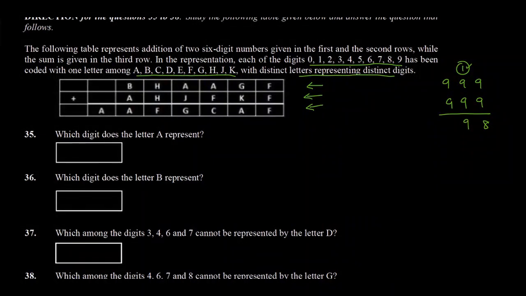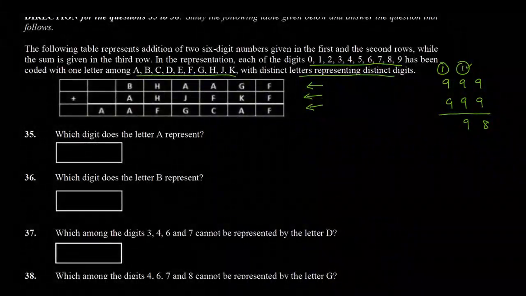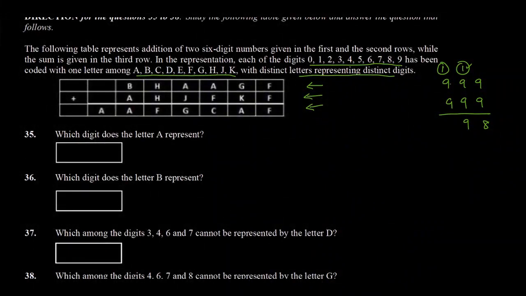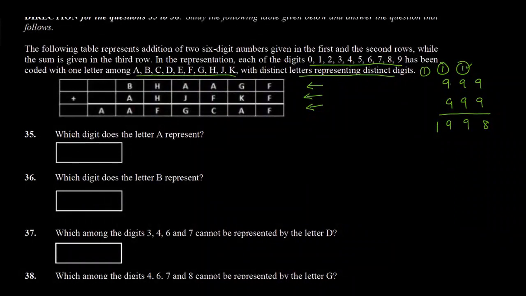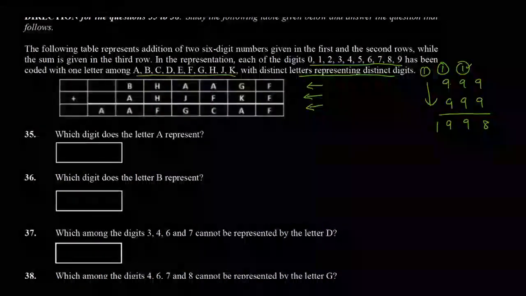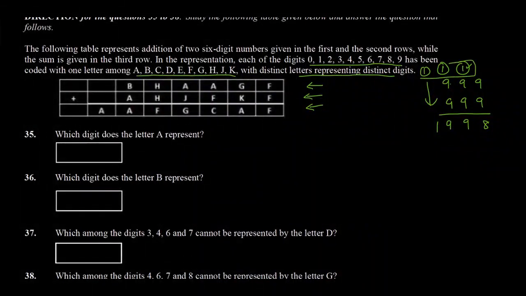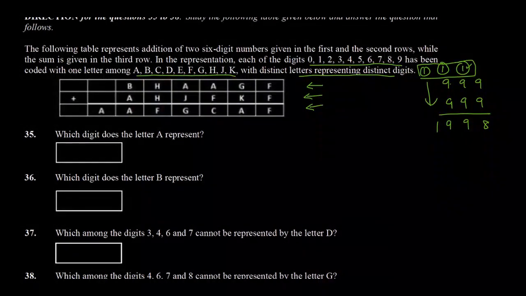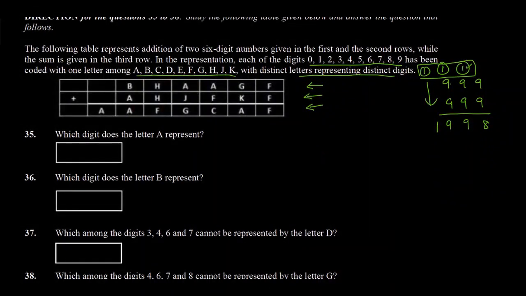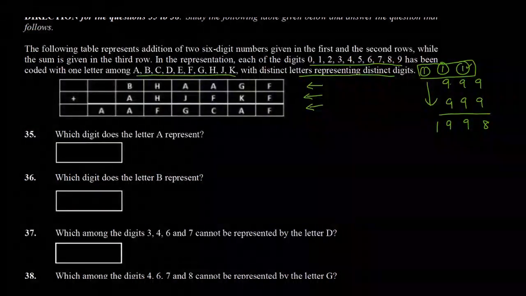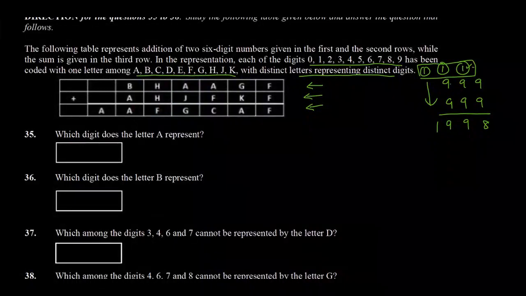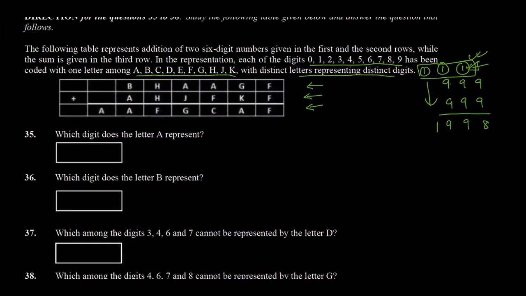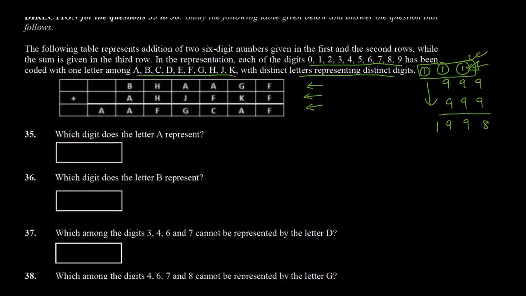We get a 9 here, and the carryover is 1. And then 1 plus 9 plus 9 becomes 19, which means 9 comes here, 1 is carried over, and 1 comes down. So you see that the maximum carryover can only be 1. The only carryover in any addition of two numbers can only be 1. There cannot be any other carryover. This is the concept that we will need to solve this problem.